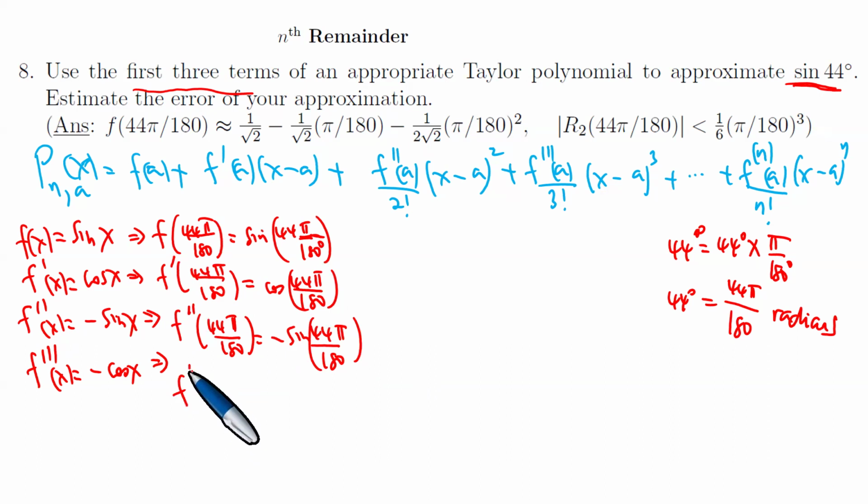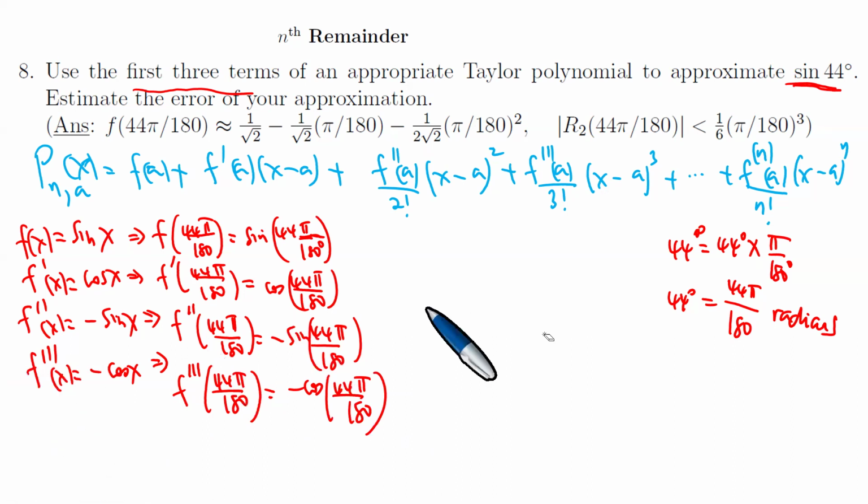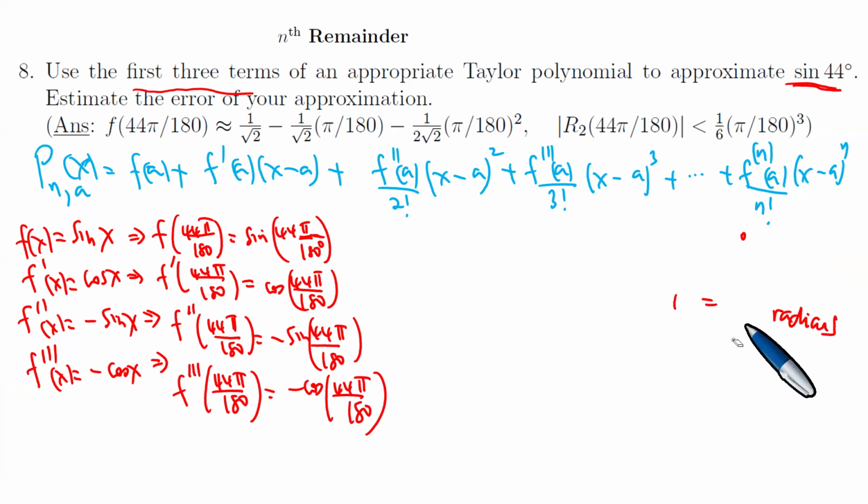And then you have this one, 44 pi over 180. This is what we have.